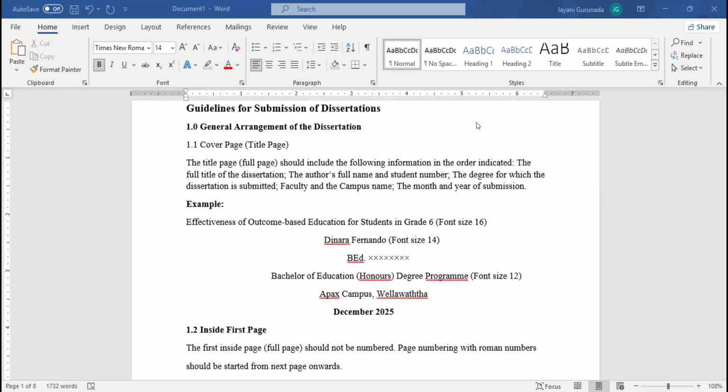The font size of the title should be 16. What's the font style that you are supposed to use? Times New Roman, right? So it should be Times New Roman, size 16.